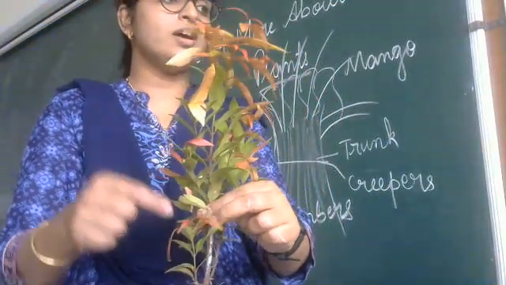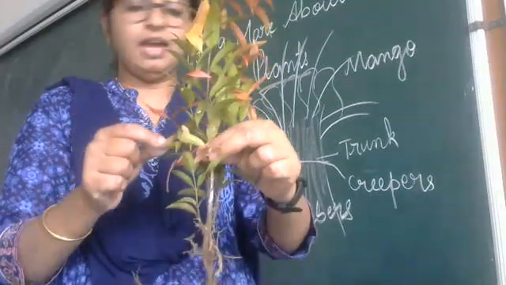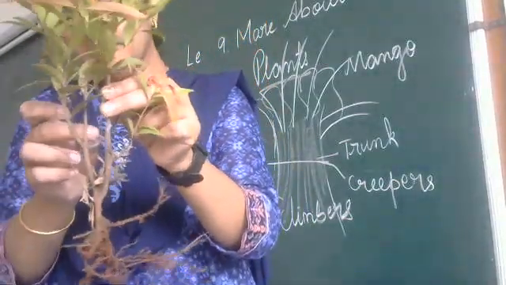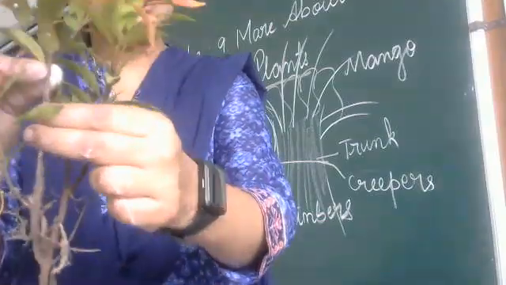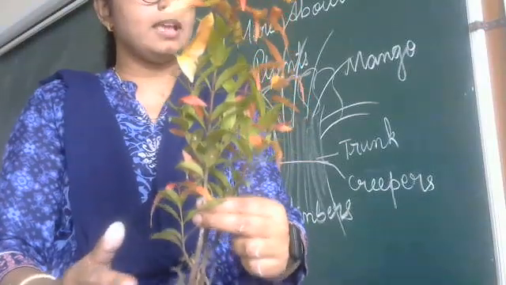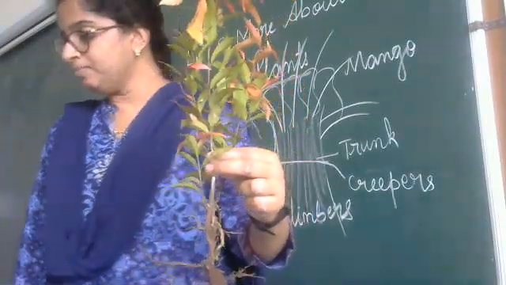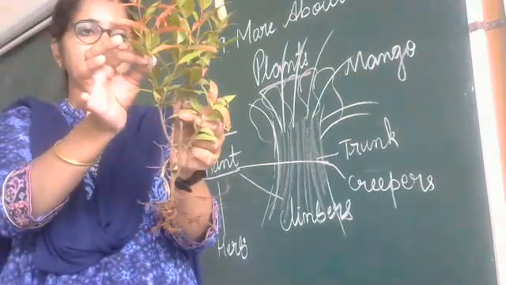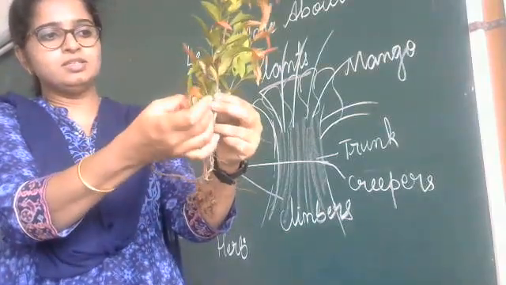This is not tall, and it does not have a strong trunk. It has a small woody trunk and it is small in size, and it is called a shrub. It has many branches, not only one.